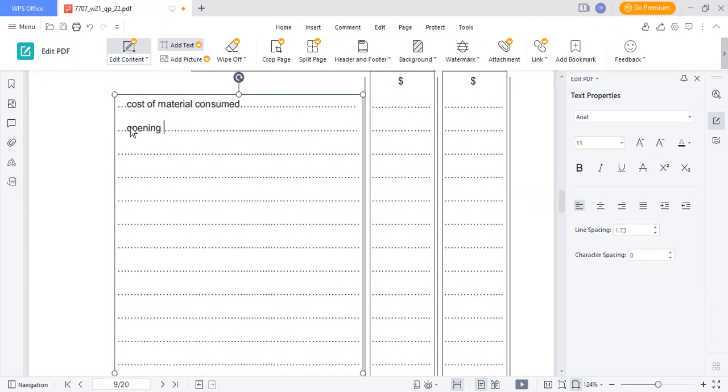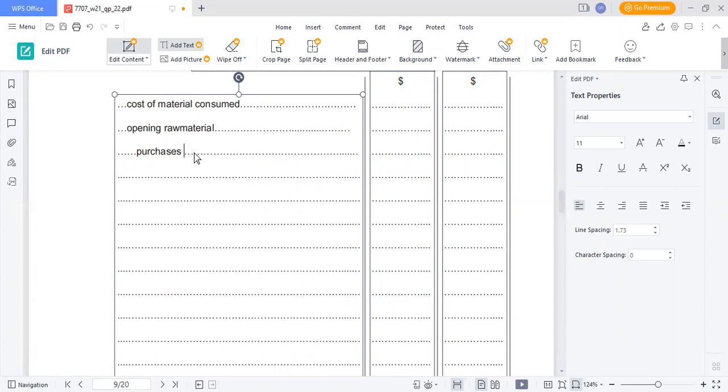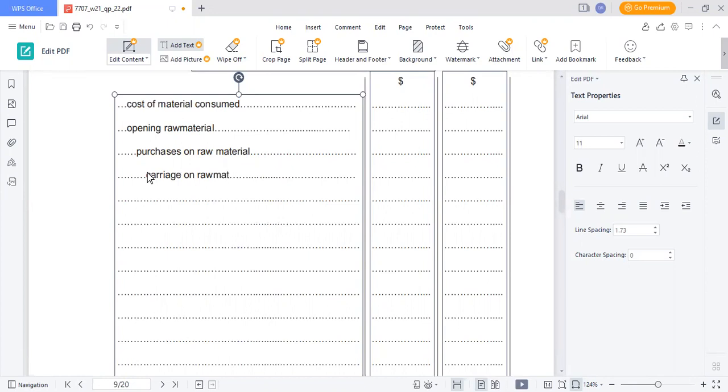Opening raw material, purchases of raw material, carriage on raw materials, then we have closing raw materials.